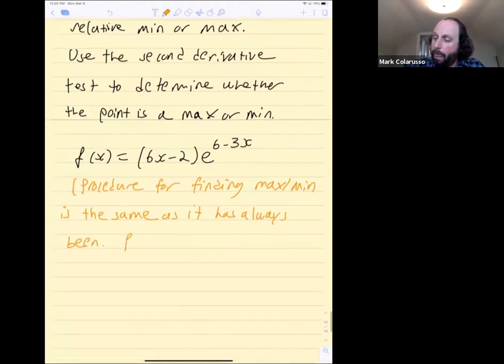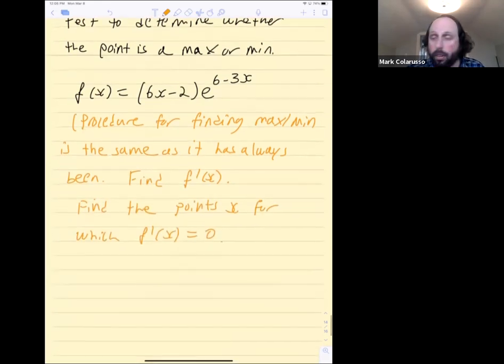You find f prime of x, then you find the points x for which f prime of x is 0. You solve that equation, and then find f double prime of x, the second derivative, and check whether it is positive or negative at these points.